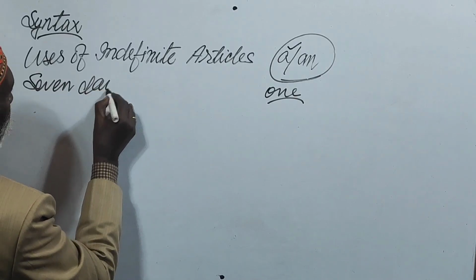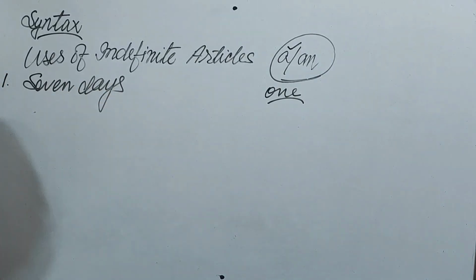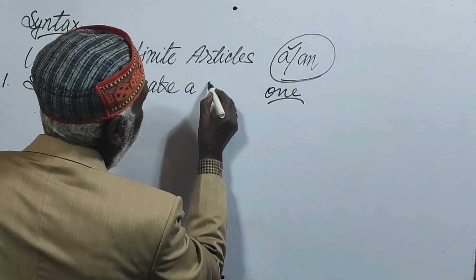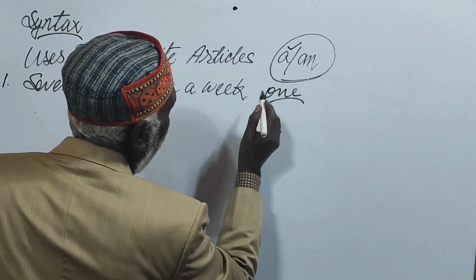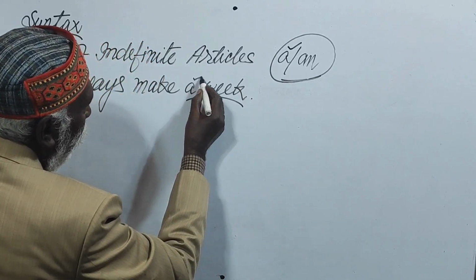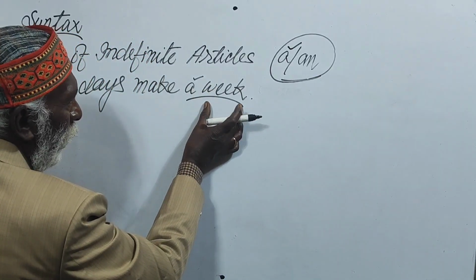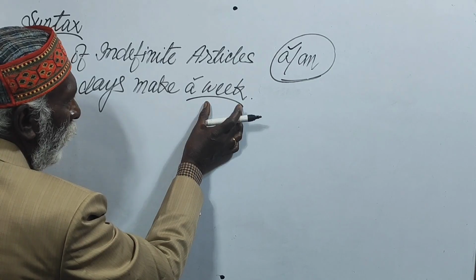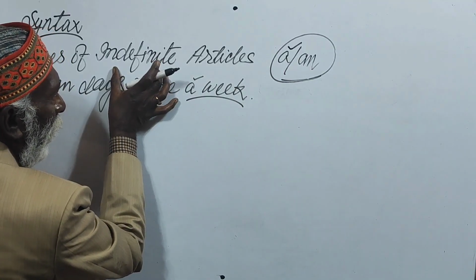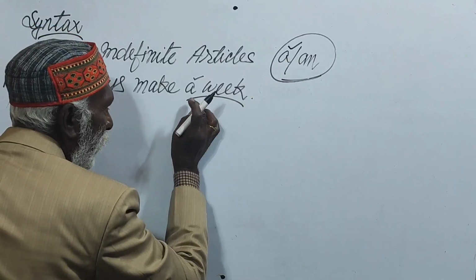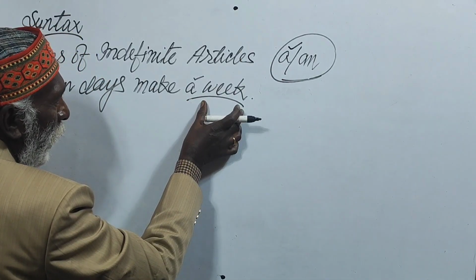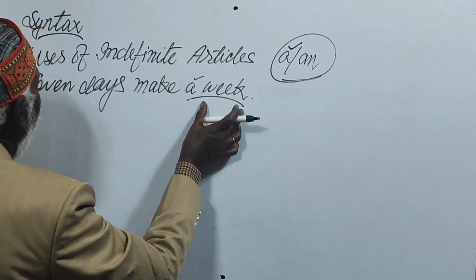Seven days make a week. Here you see, a week, numeral. With a countable noun, the indefinite article is used to show the numeral sense.